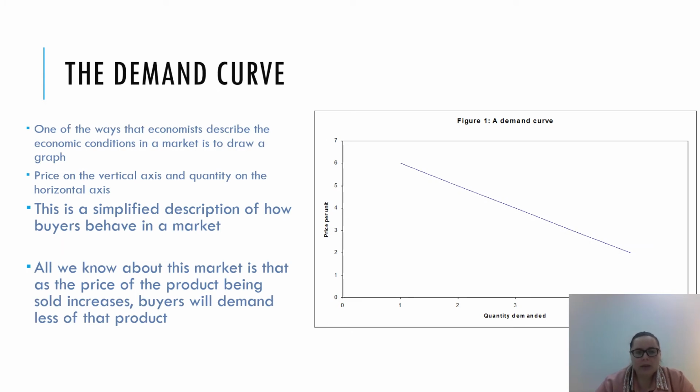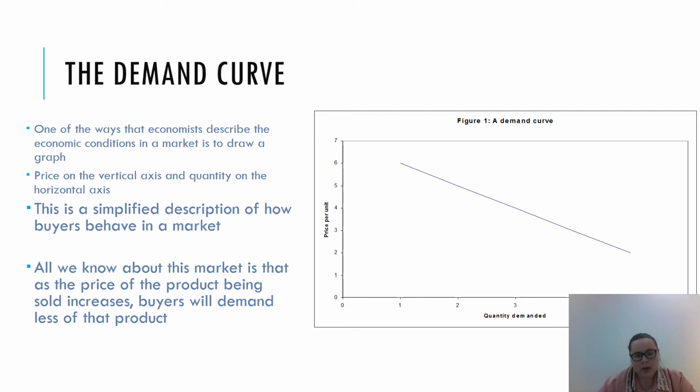Now the demand curve, as we said, is a line which demonstrates the quantity of goods demanded at each possible price on the market. It would be demonstrated as part of a graph.